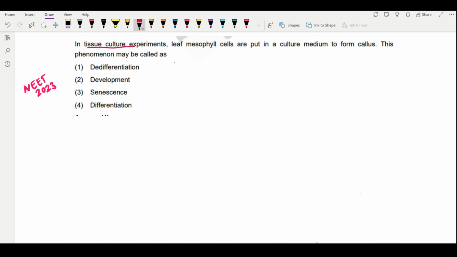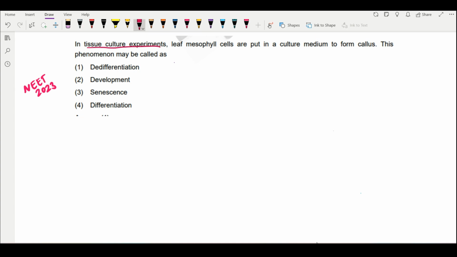Tissue culture experiments. So basically here, usually we take a petri plate and onto the petri plate we add medium, which is supplied with rich source of nutrients. So basically here, any tissue of the plant is taken, sufficient temperature and nutrients are provided such that when the tissue is grown on the petri plate containing the medium, then it develops into a complete plant.